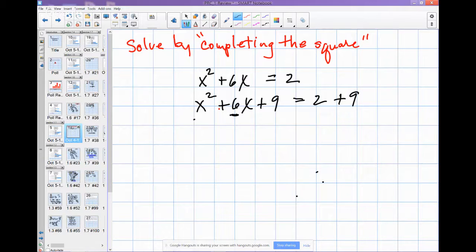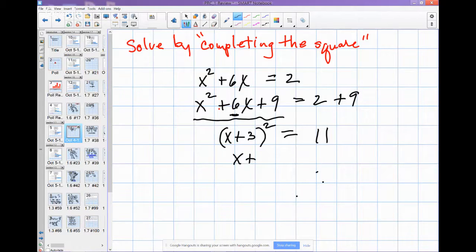This is now a perfect square, so we should be able to write it as a square. To do this, you take the square root of the x squared term. That becomes x right there. The square root of 9 becomes the 3 right there. And the sign from the middle is what goes in. Anyway, that squared equals 11. Now take both square roots. This is the nice thing about completing the square. You can proceed by taking both square roots.